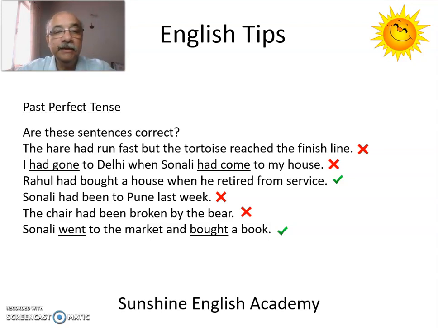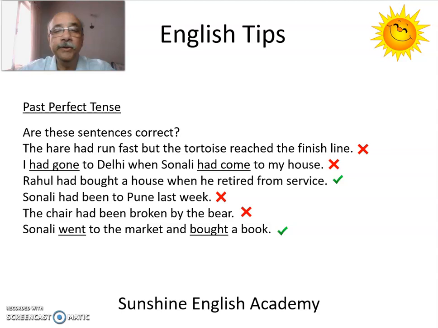It is only saying the chair had been broken by the bear. If you wanted to make a complete sentence in the past perfect tense, then you may have to say something like this: The chair had been broken by the bear before she entered the house. Now there's a second action, entered.